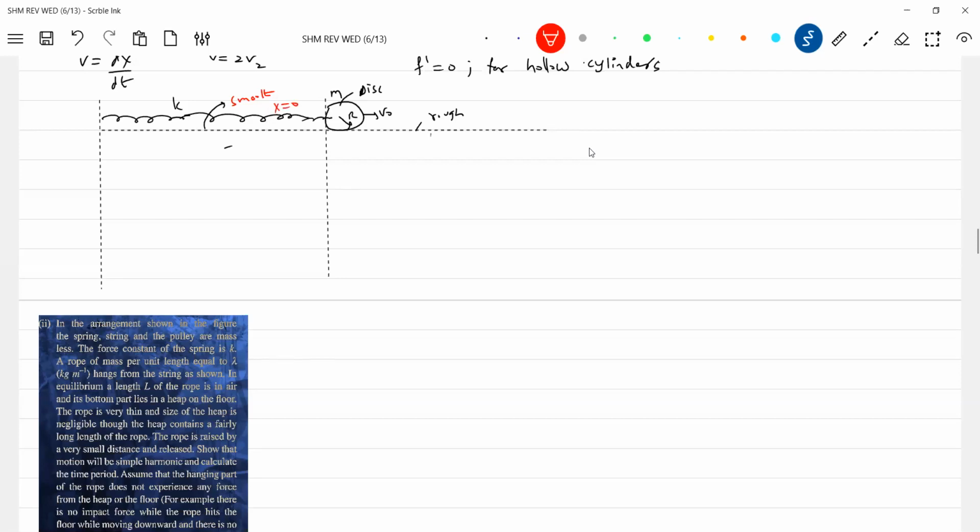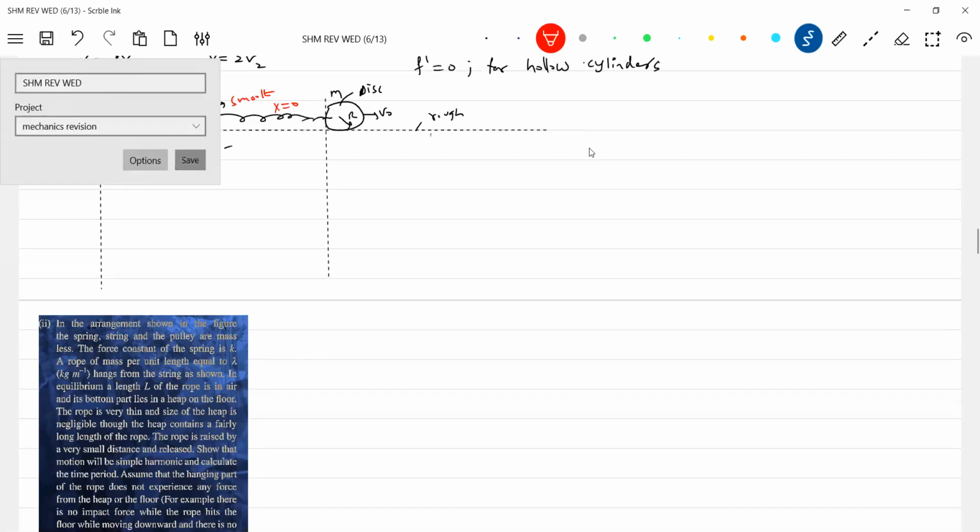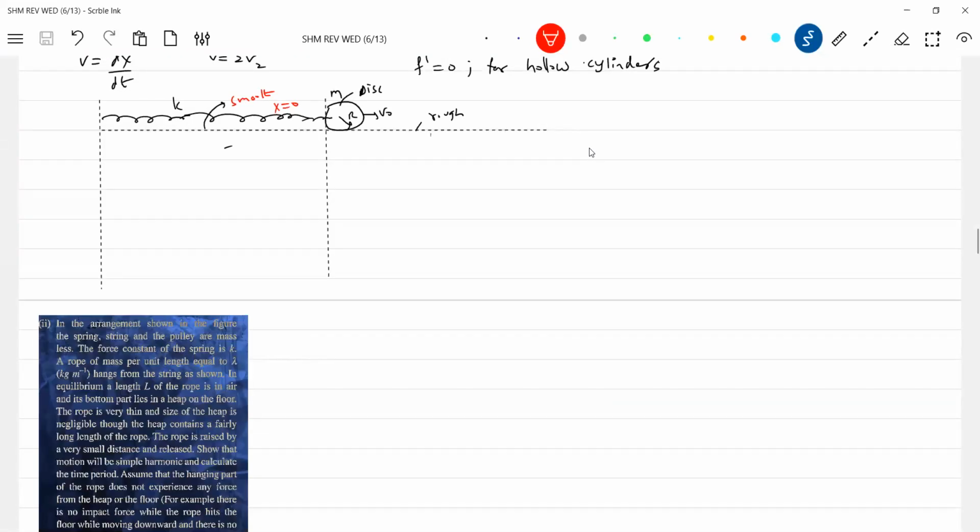So this will be the mean position. Will it be SHM? I can ask you very simple things here. What will happen? The disc here will have both rotational and translational motion. When it comes here, it will have only translational motion. So what is the motion, and how will it occur?